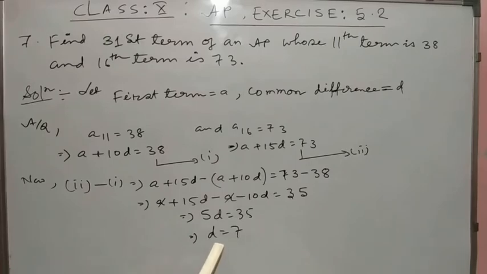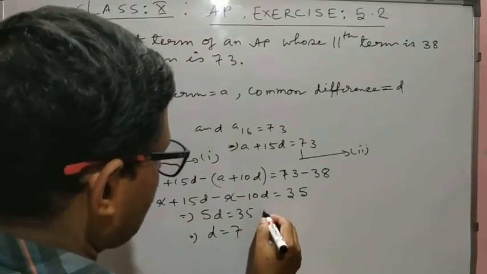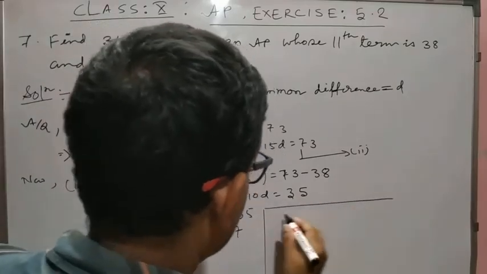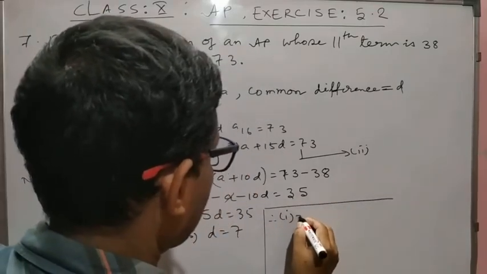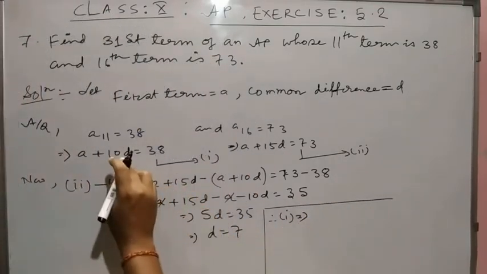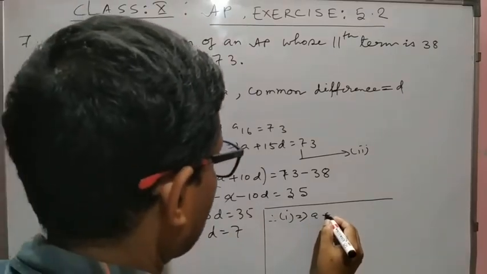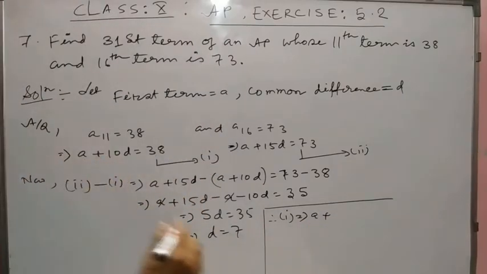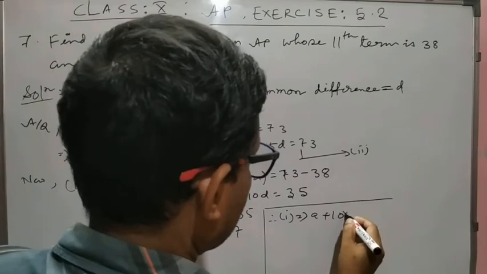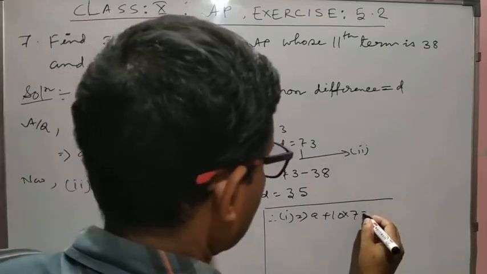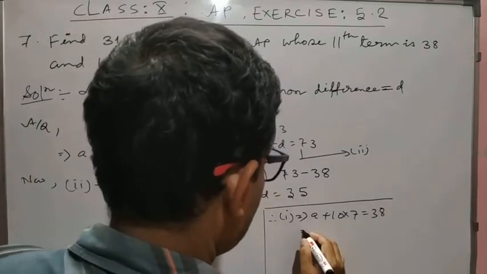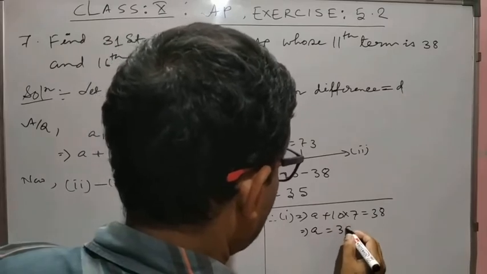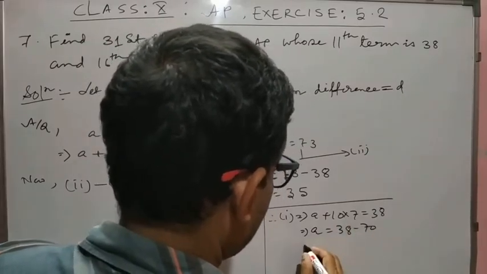Now we put the value of D in equation one or two. Therefore equation 1 implies that, put the value of D here, A plus 10 into 7 equal to 38. This implies that A equal to 38 minus 70.